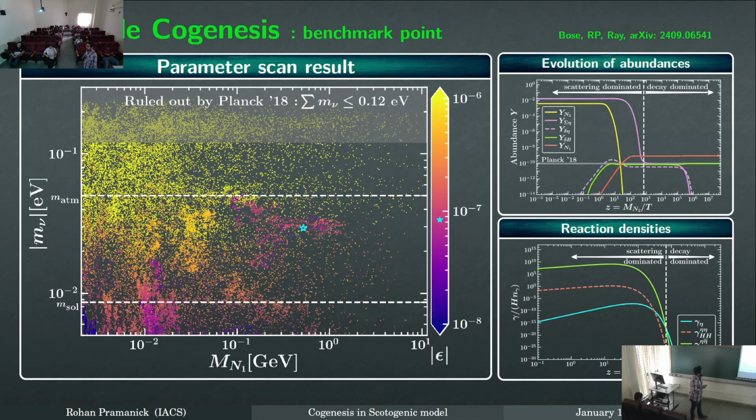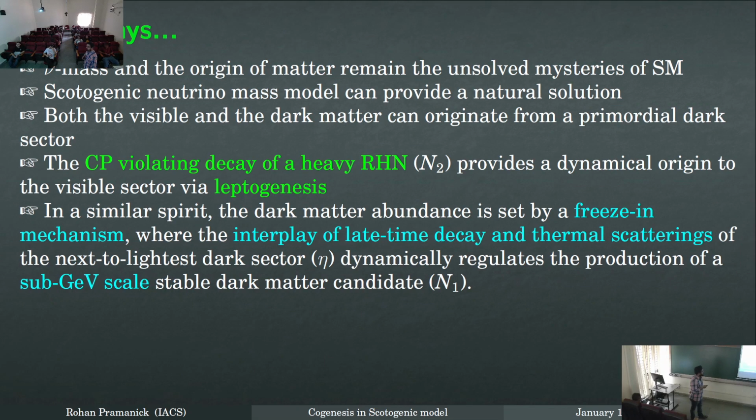Okay, that was the high and low scale part of this scotogenic model. With this, I come to the conclusion that this radiative neutrino model, called the scotogenic model, which is the vanilla scotogenic model introduced by Ernest Ma, provides a solution not only to the neutrino mass problem, but it can actually solve both leptogenesis, the generation of the visible sector, and the dark sector simultaneously.